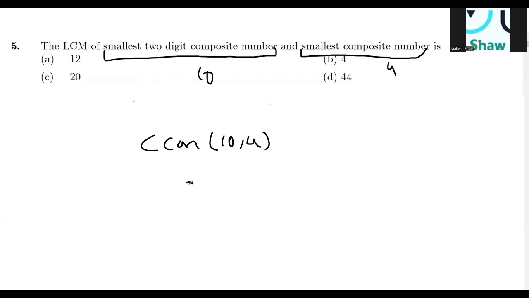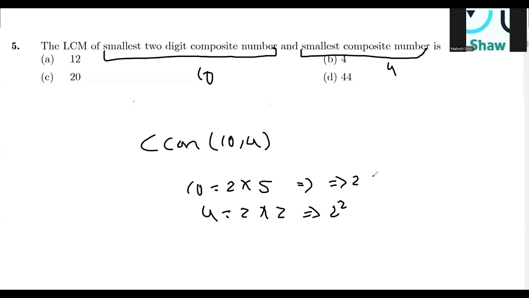Well, you may do prime factorization, or you can do it verbally as it is an MCQ. So the prime factorization of 10 is 2 into 5, and for 4, it is 2 into 2, which is 2 square.